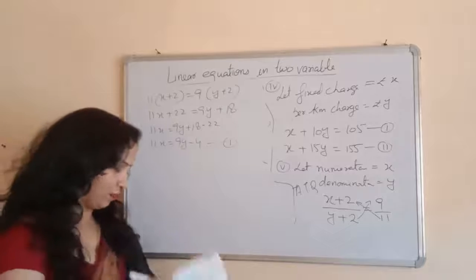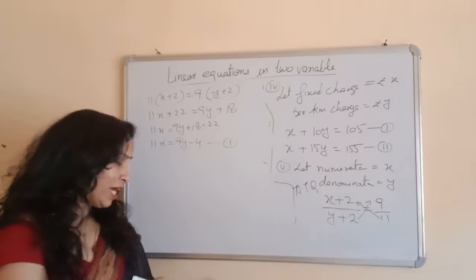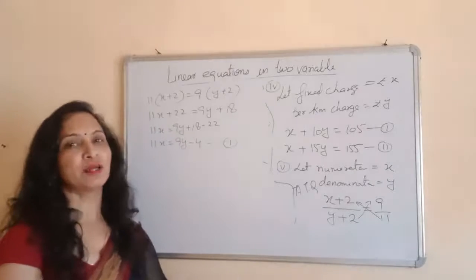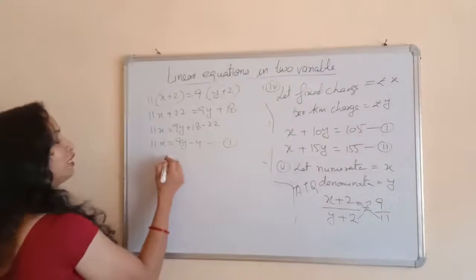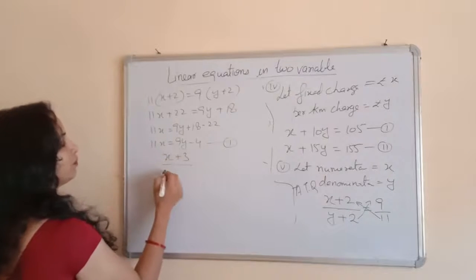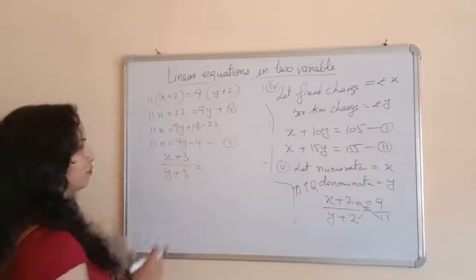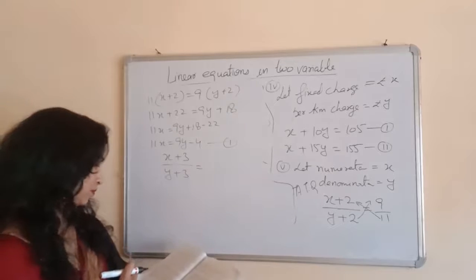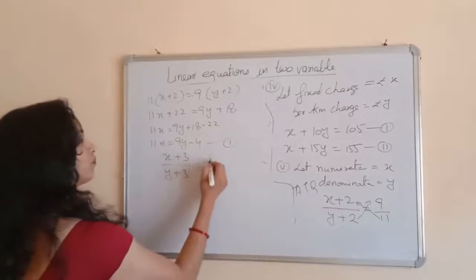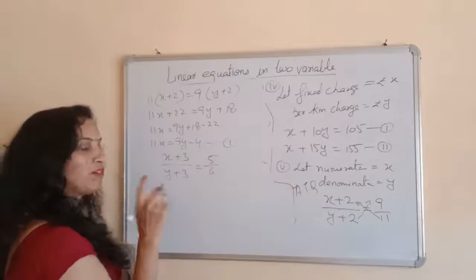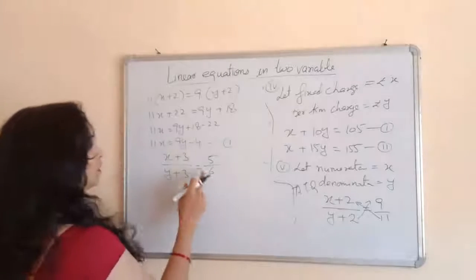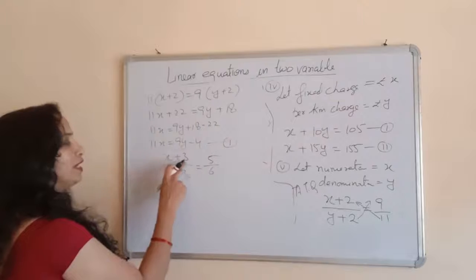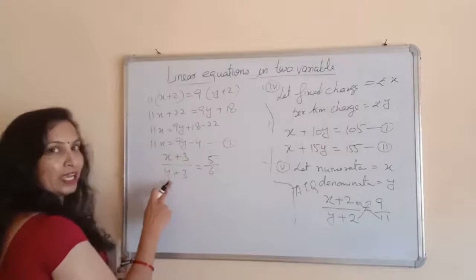And the second one is, if 3 is added to both numerator and denominator, it becomes 5 upon 6. Again, you are adding 3 to the numerator and 3 to the denominator, and the fraction becomes 5 upon 6. Again, we can simplify it by using the cross multiplication method. 6 will multiply with both x and 3, and 5 with both y and 3.